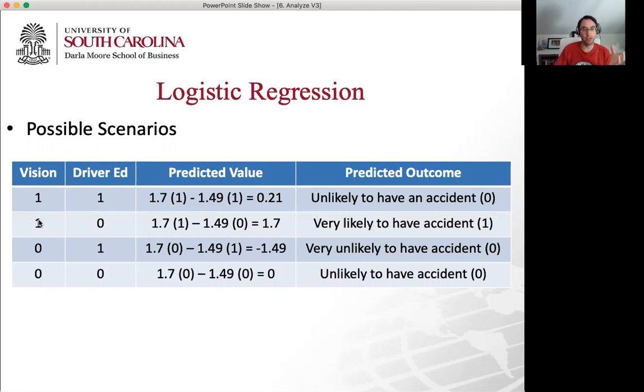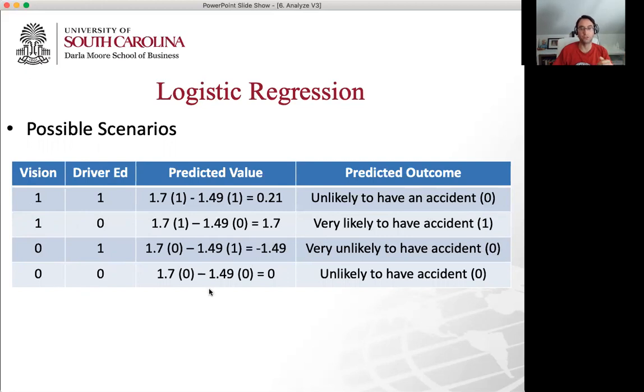If you use glasses and you haven't done the test, then the value will be 1.7, which is higher than 50%, 0.5. So yes, you're very likely to have an accident. If it's 0 to 1, it's minus 1.49, so very unlikely. So that goes to 0.